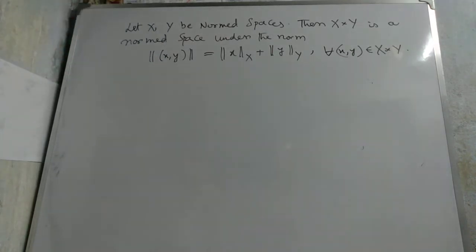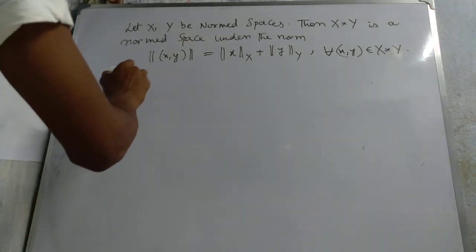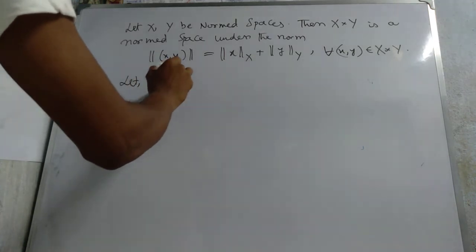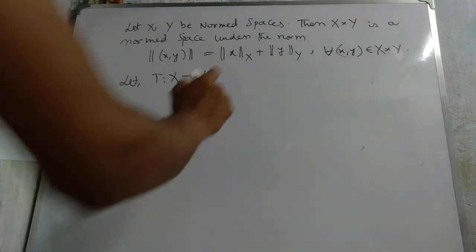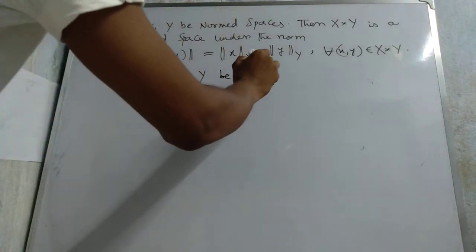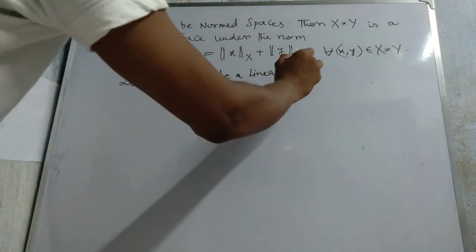Now we also write this one. Let T: X to Y be a linear operator.